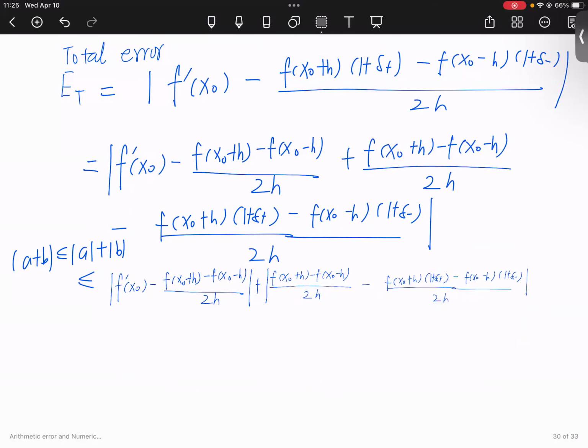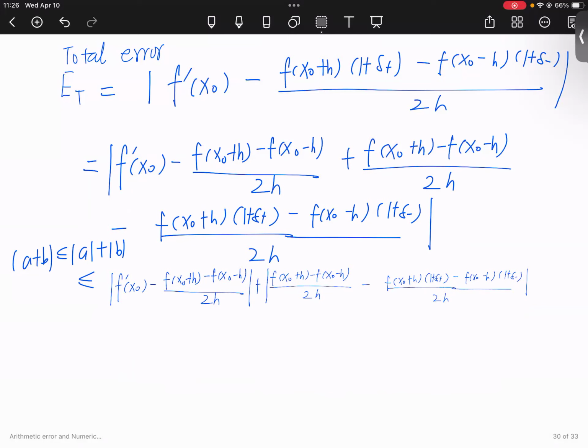So you would see this is the way we got the results, the total errors. And then this is what we mentioned at the very beginning: the total error contains two parts. You will see this part is the actual derivative, and this is the finite difference formula. And this part, what is this?